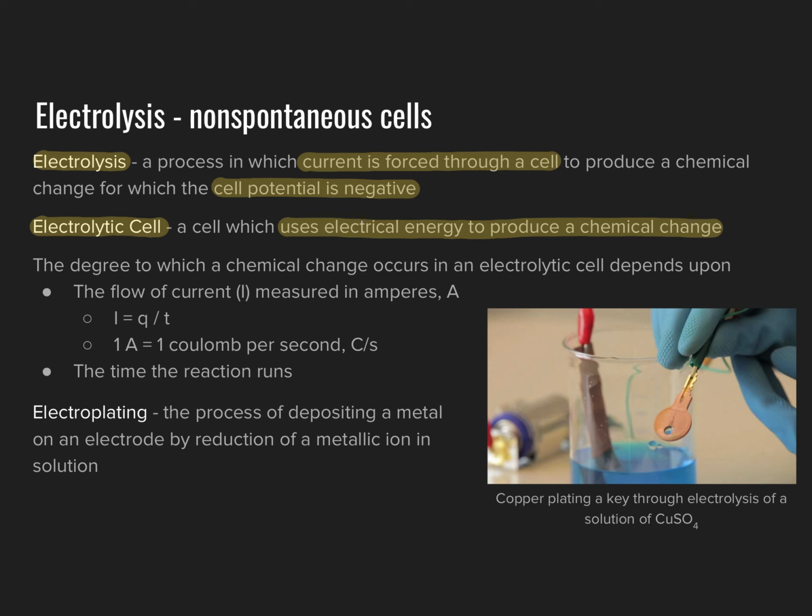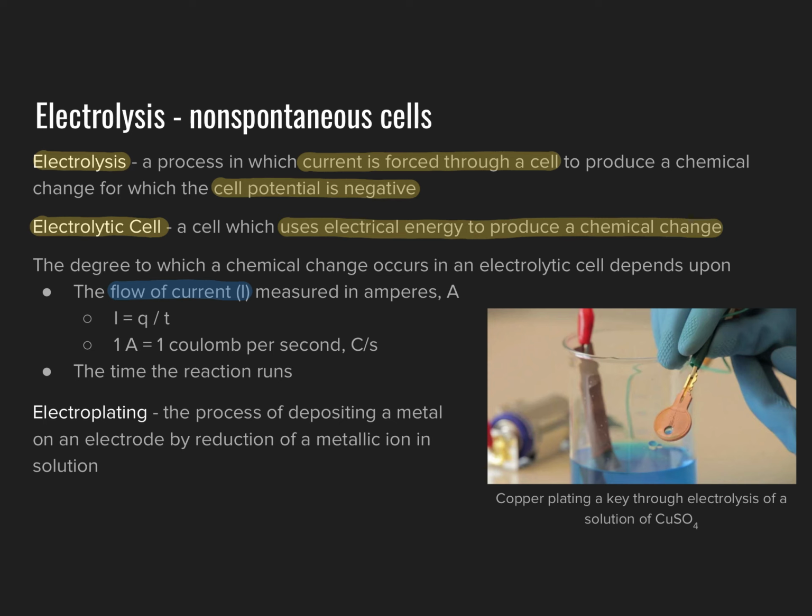Now, the degree to which that chemical change will actually occur is going to be dependent upon a number of different factors. First of which is the amount of current which moves through the system, measured in units of amperes, or commonly, as you may recall from your physics days, amps.